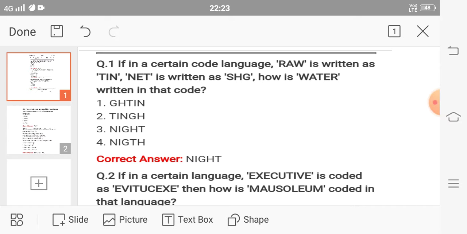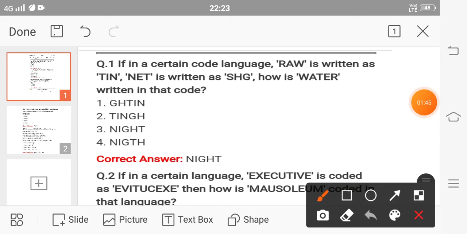But in the shortcut way, first observe the letters. What is the first word? RAW. RAW is written as TIN and NET is written as SHG.